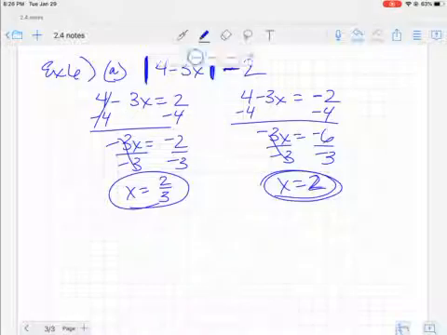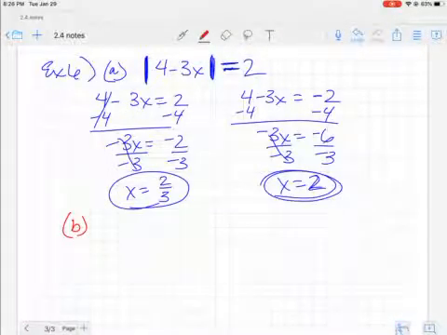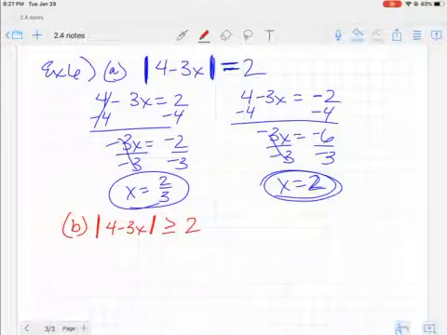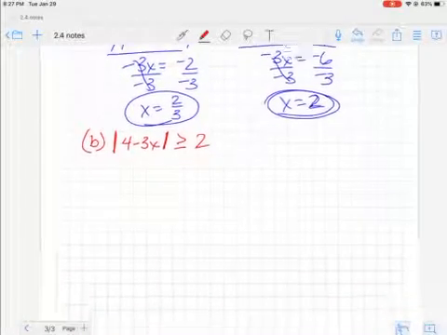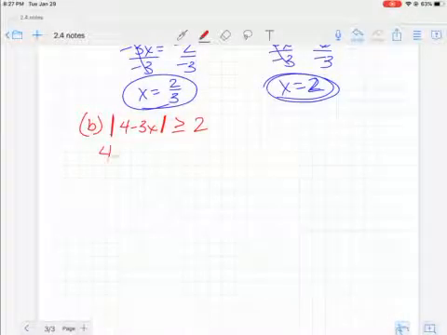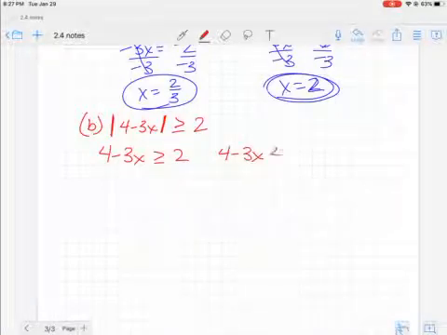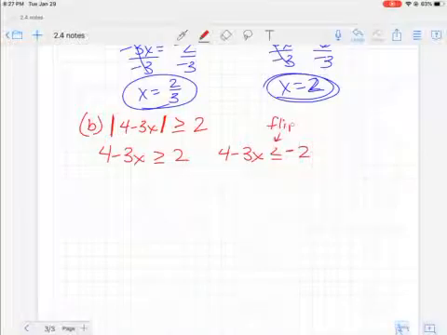How is this going to differ when I talk about part B here, where I have the absolute value of 4 minus 3x is greater than or equal to 2? Well, let's split it up, shall we? 4 minus 3x is greater than or equal to 2, and 4 minus 3x is less than or equal to negative 2. Remember to flip for that negative.